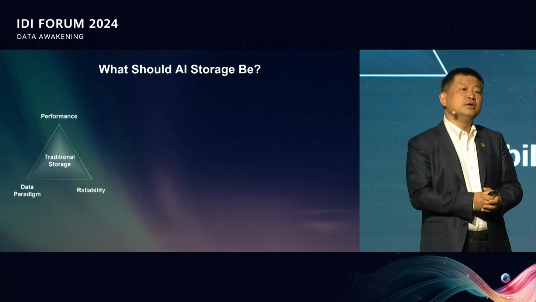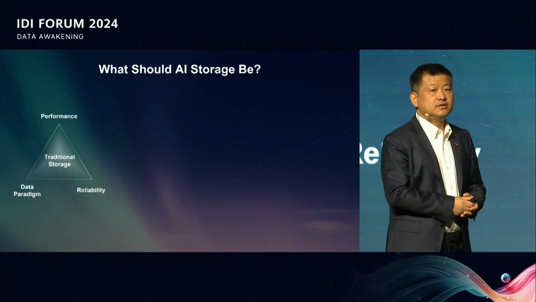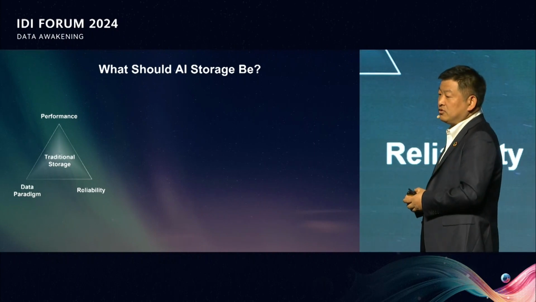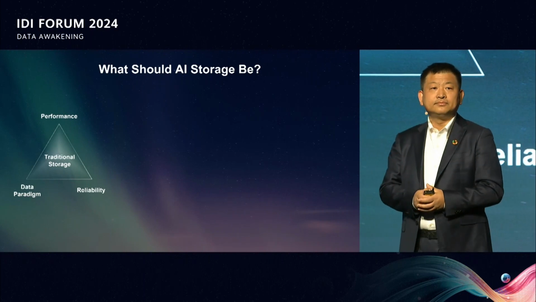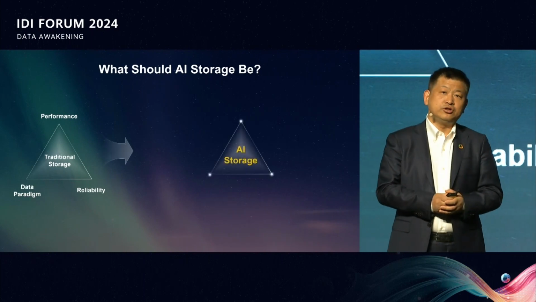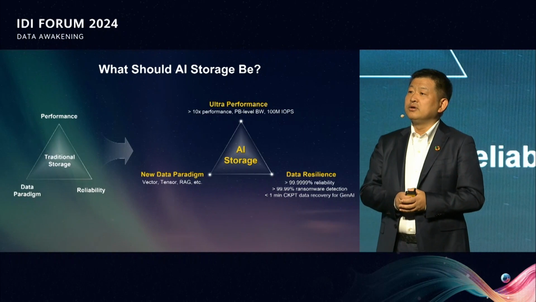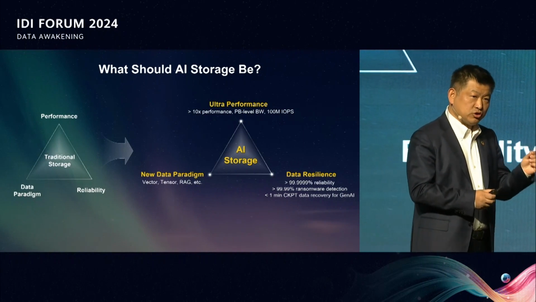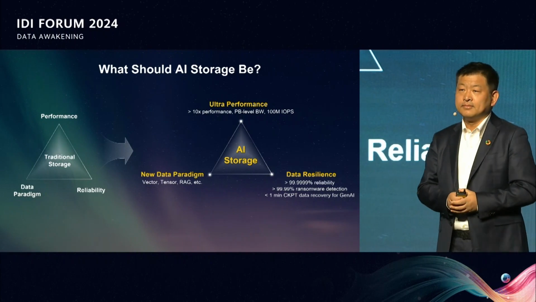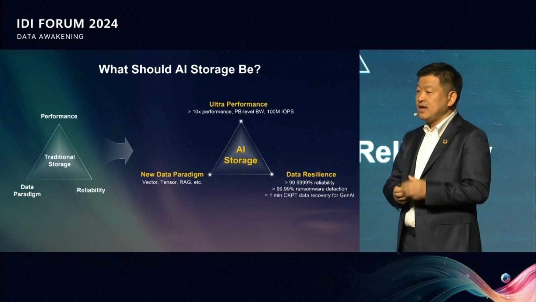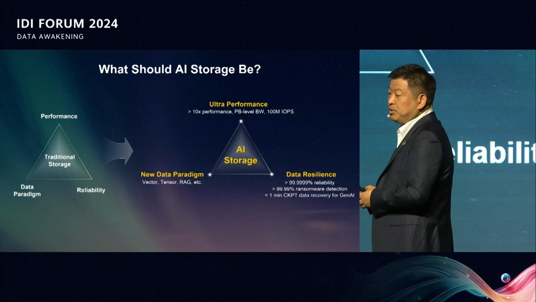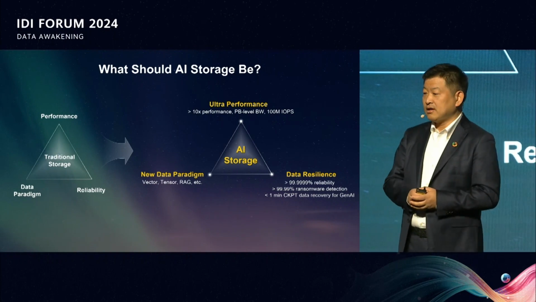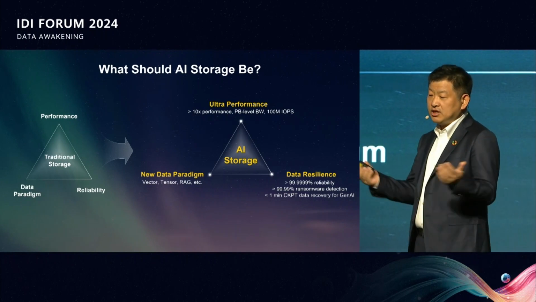As you know, traditional data storage has 3 dimensions: performance, reliability, and data paradigm. For next generation data storage, we still need to keep these dimensions, but with much stronger performance. Ultra performance, 10 times performance, PB level bandwidth, and 100 million level IOPS is needed.